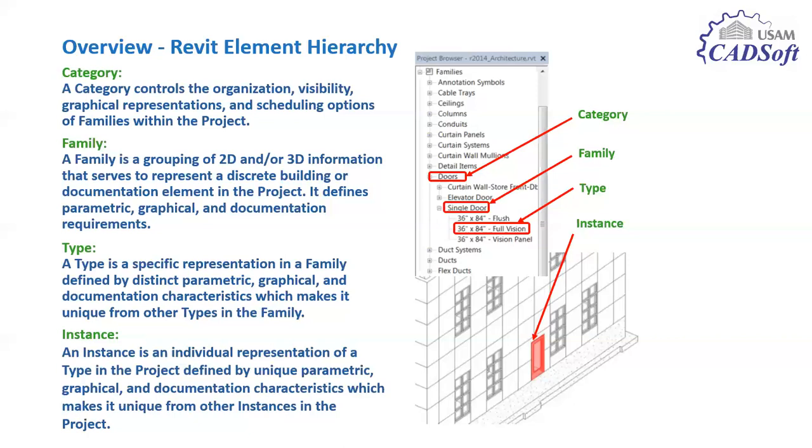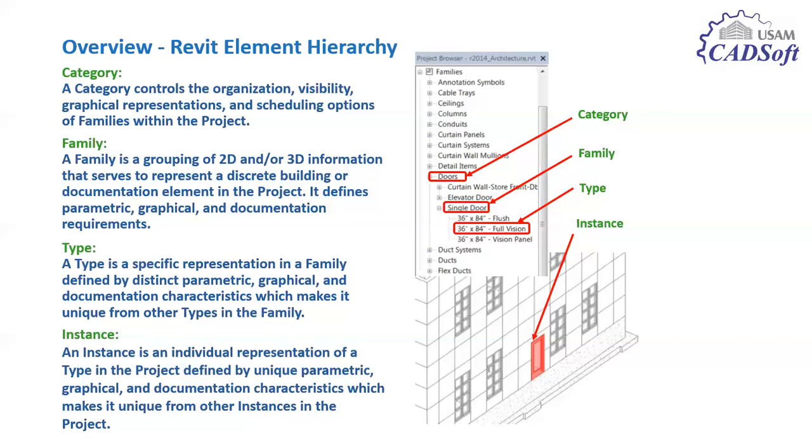Okay, and a family is like a grouping of 2D or 3D information. Maybe you can say this family is something like your blocks in AutoCAD. But I say families are more intelligent blocks than AutoCAD blocks.